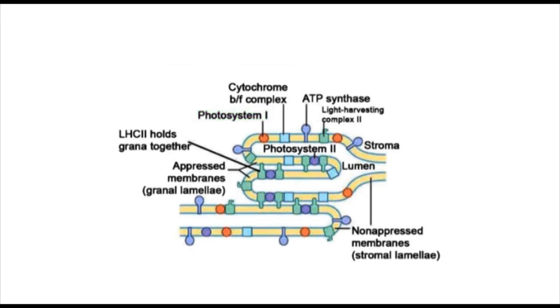PS1 is located primarily in non-stacked regions and PS2 primarily in stacked regions. The cytochrome Bf complex, which aids in the transport of electrons from PS2 to PS1, is found in both stacked and non-stacked regions. The stacking of the thylakoid membranes may be due to the binding properties of the proteins in PS2.